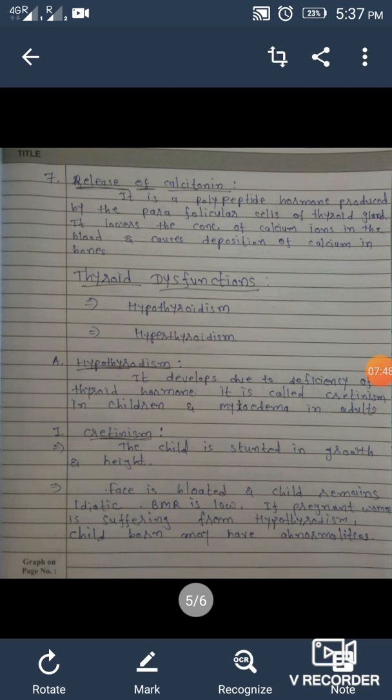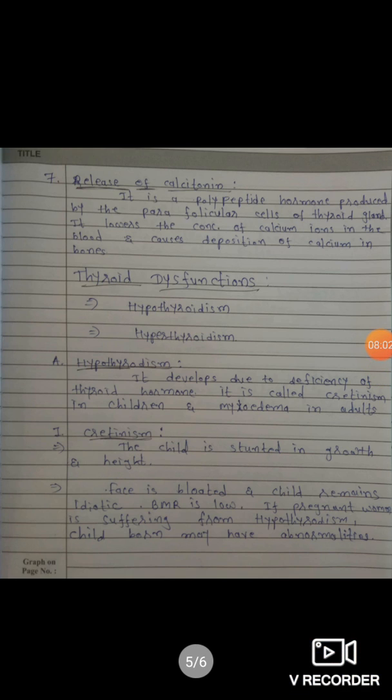The symptoms are that the child is retarded in growth and height, which means the height of the child is reduced, and the face looks bloated, the face is swollen, and BMR is low, the metabolic rate is low. And if it happens in a pregnant woman, then the child born may have these abnormalities.